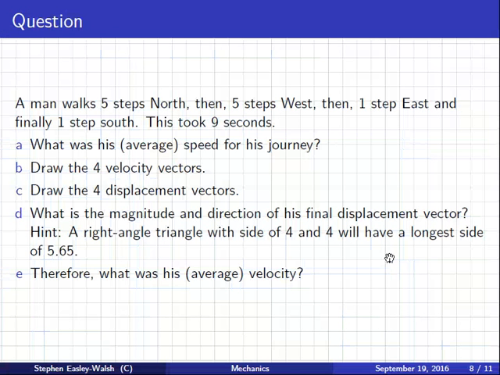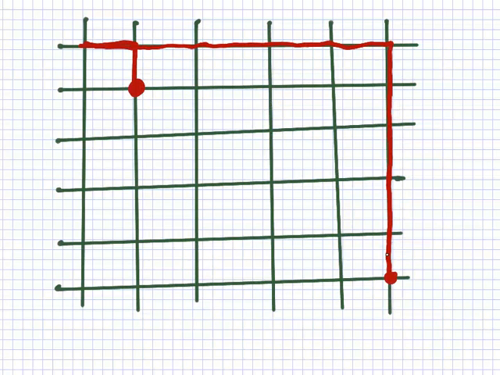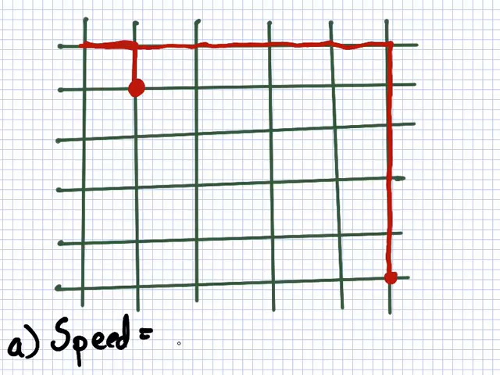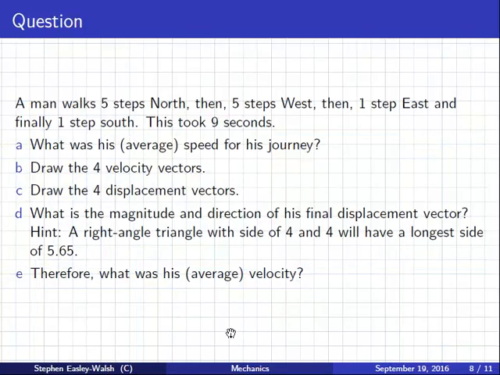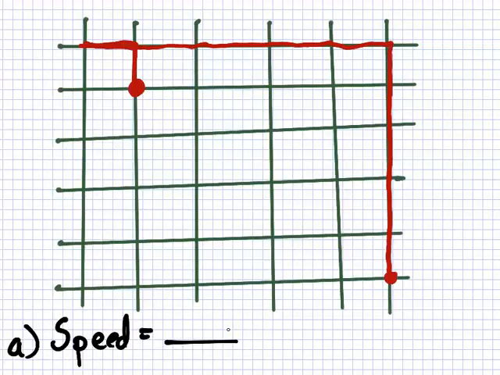Okay, so the first question is, what was his speed for the journey? Part A. What's the formula for speed? Distance over time. Now the time is 9 seconds. What's the distance? 5, 5, 1, 1. So 12 steps. That's the distance.